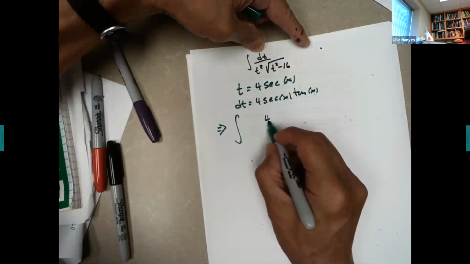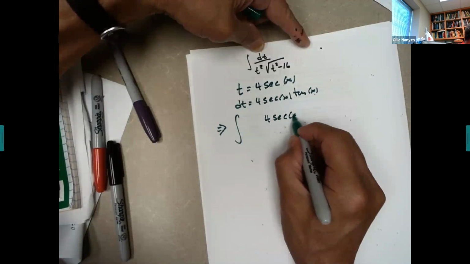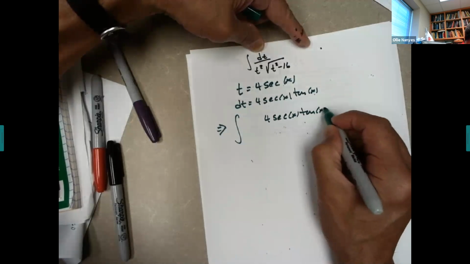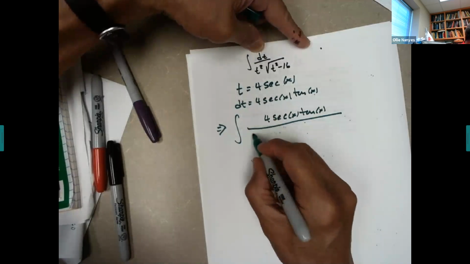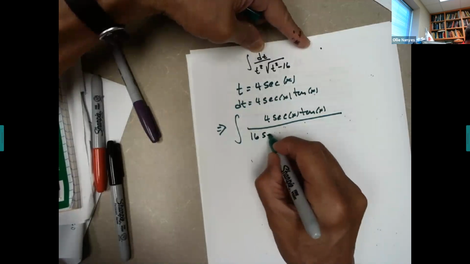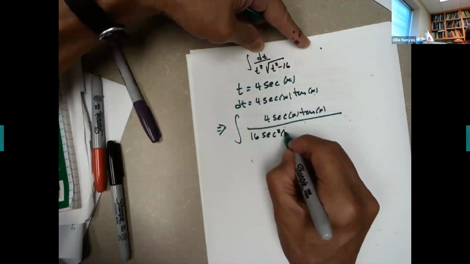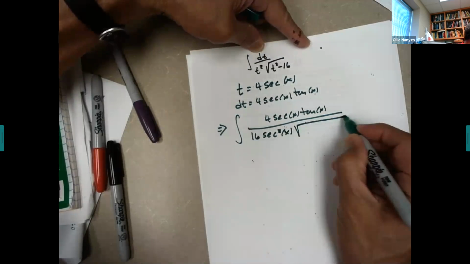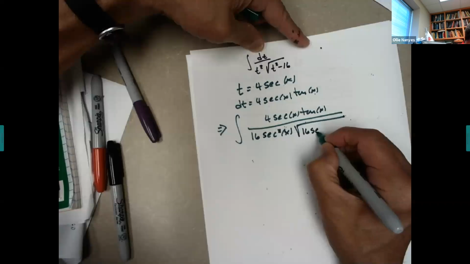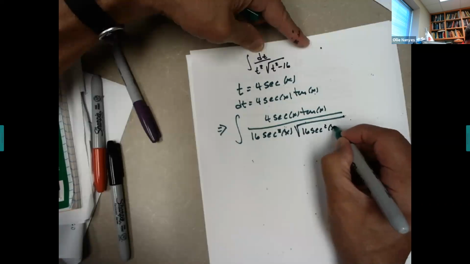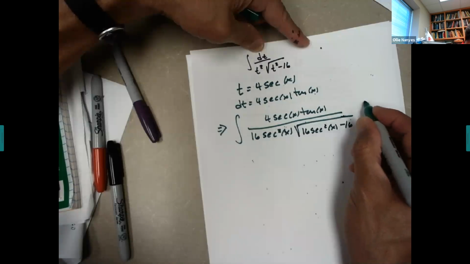We have a 4 secant x tan x on top. On the bottom, we have 16 secant squared x times the square root of 16 secant squared x minus 16.